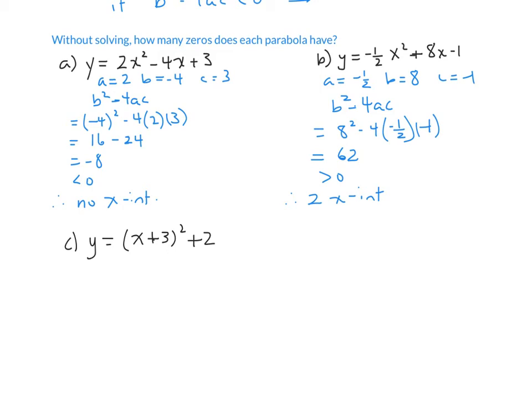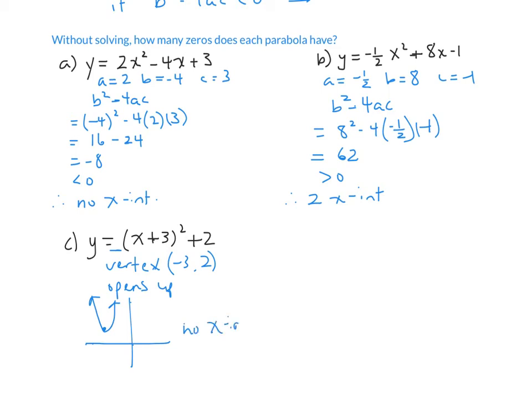From here, we know that the vertex is at, switch the sign on the x, -3, comma 2, and this parabola is opening up. So if I think of what this looks like, -3, +2 would be right about there, and it's opening up. Ooh, just from a picture right there, this has no x-intercepts.